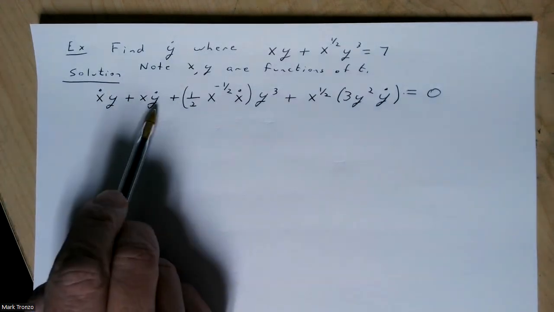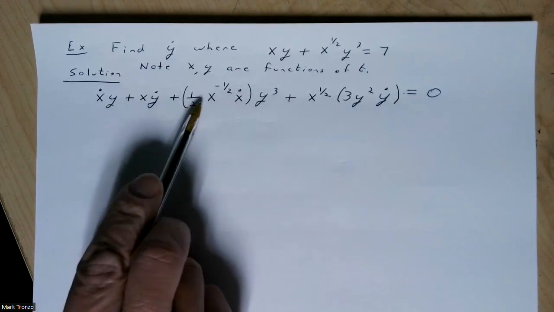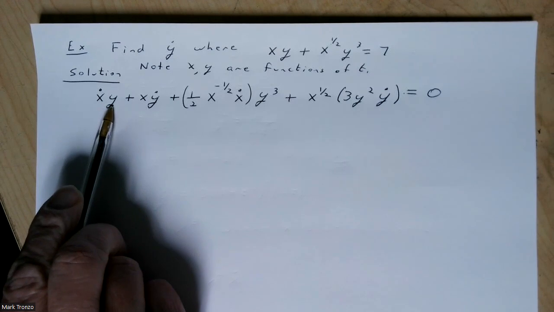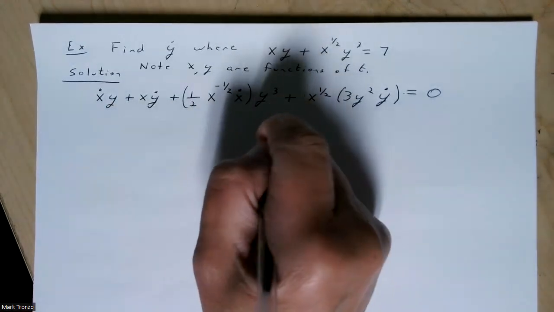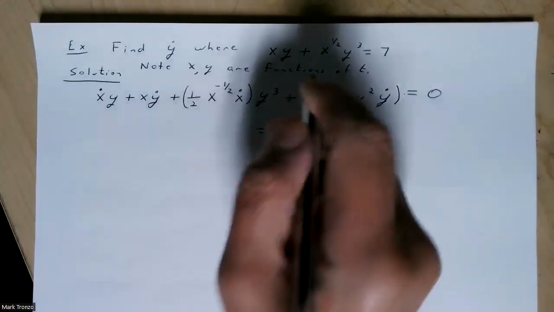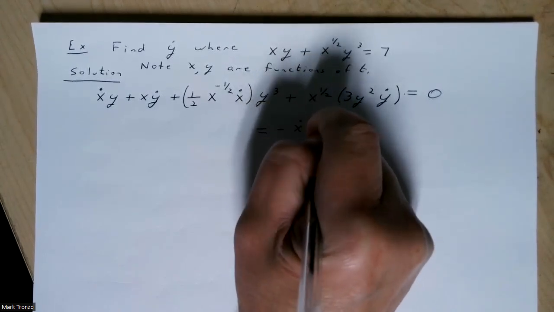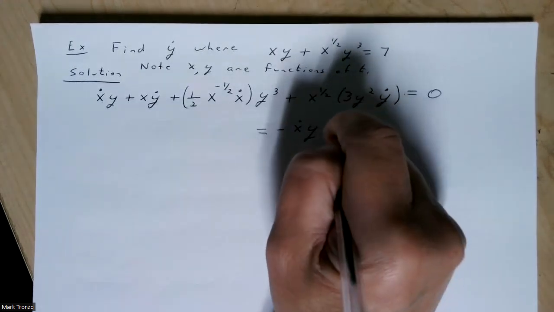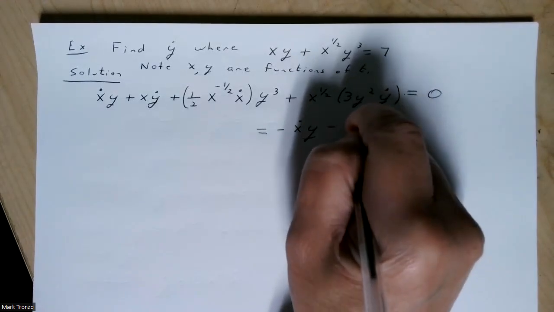Now, in this case we want to solve for y dot, so we'll have to rearrange things a little bit. Let's get everything that doesn't have y dot on the right-hand side. So let me move this over to the right-hand side, negative x dot y. Let me move this to the right-hand side, minus, I'm going to put this in the denominator.